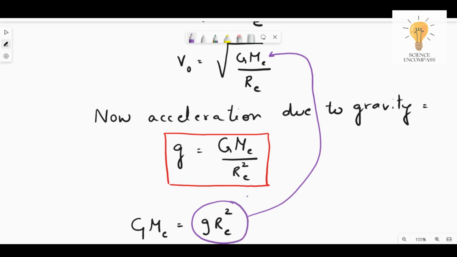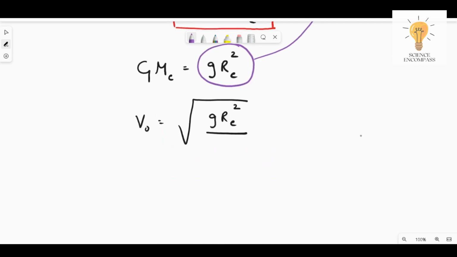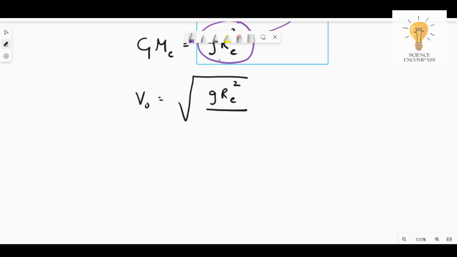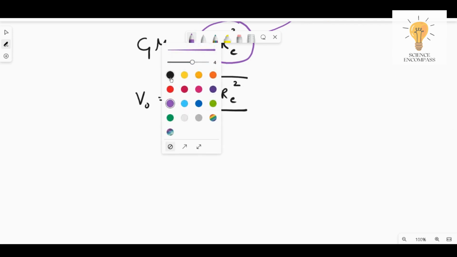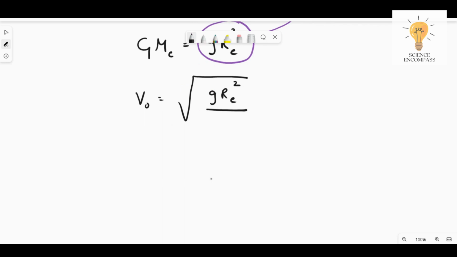So g RE squared, I have written this figure in the place of that GME, because we know that GME is nothing but g RE squared. So I'm just putting this figure right there, dividing with that RE over here. I've just written that, and now I'm going to divide that with the radius of the Earth.